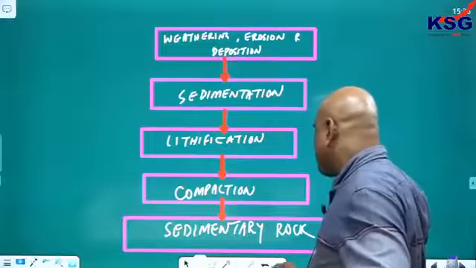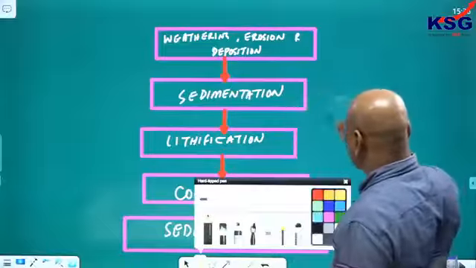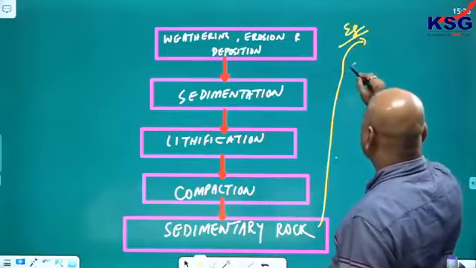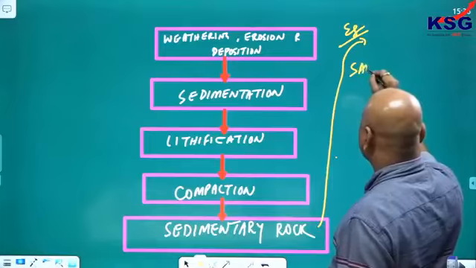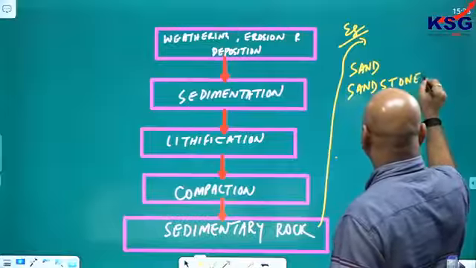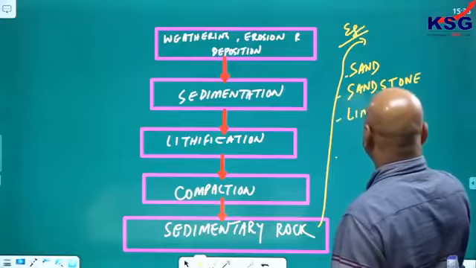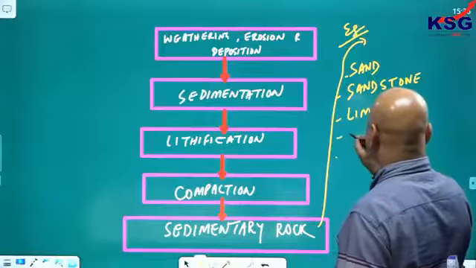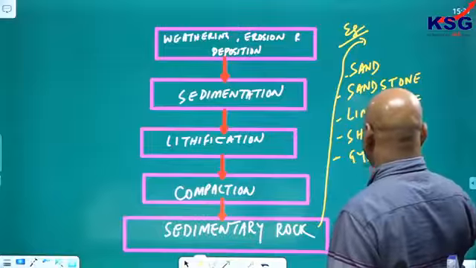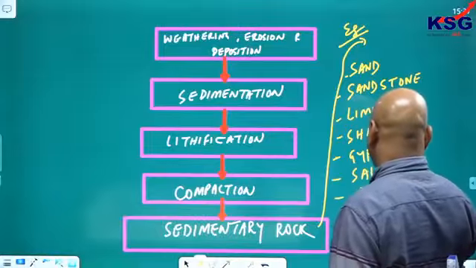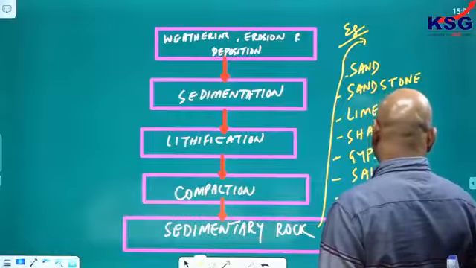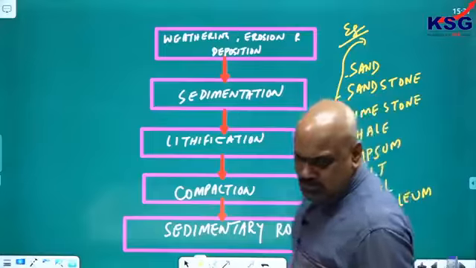Examples of sedimentary rocks. Can anyone give me examples of sedimentary rocks? Yes. Sand, sandstone, limestone, shale, gypsum, salt, coal, petroleum. Petroleum is a rock type, mixed with different things.